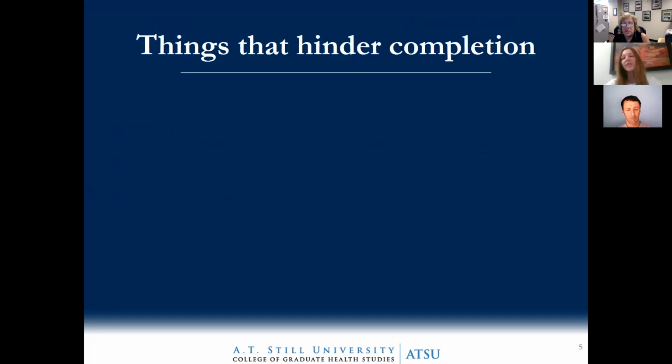All right, so I looked at the literature to see what things hinder completing a doctorate program and what things facilitate completing one. In terms of hindrances, this one right here is a big one.